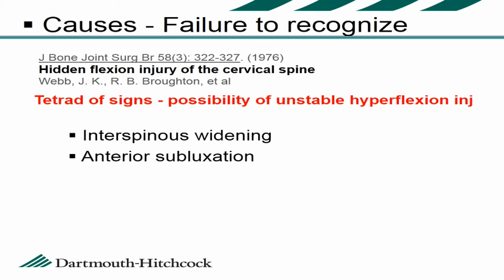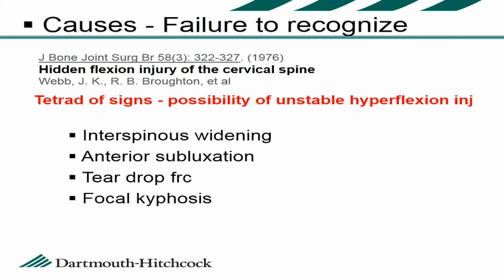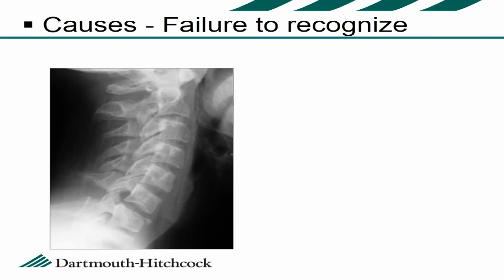Why you shouldn't miss that, failure to recognize? John Webb, my mentor, long back, in 1976, mentioned a tetrad of signs. One is interspinous widening, anterior subluxation, a teardrop fracture, and a focal kyphosis.